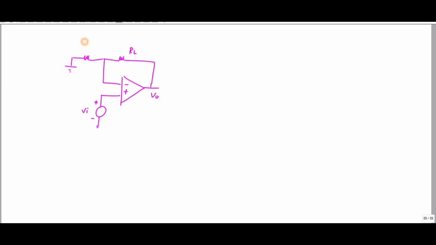This is your RL and this is your R1. IL is the output load current. Since the current through this op-amp is 0, I can write this current as IL, and the current flowing through this one is 0, so this current is also IL.